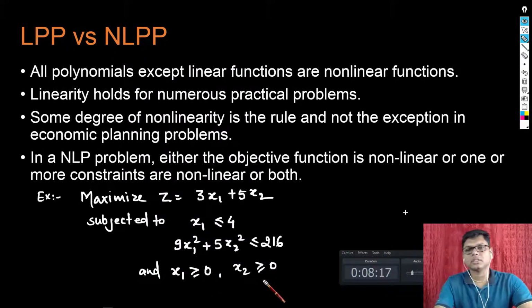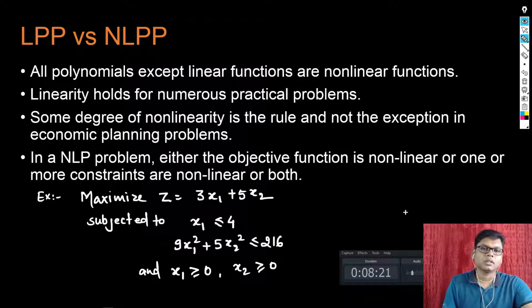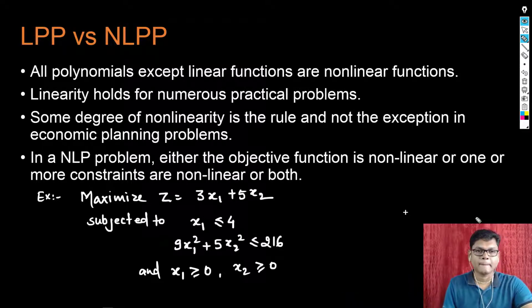Now you can see in this problem that the objective function is the same as in the previous example which I have given. Even the first constraint is also the same, but there is a constraint which is not a linear function.